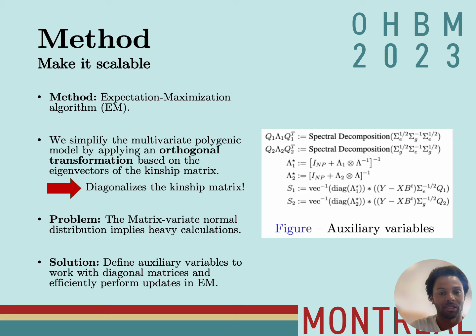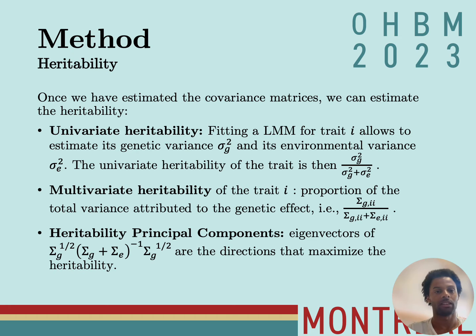So here, for instance, you see in the figure we have new variables such as lambda 1, lambda 2 that are diagonal, and this will considerably facilitate the computations. And so we go from an algorithm that is cubic in the number of individuals to linear in the number of individuals.